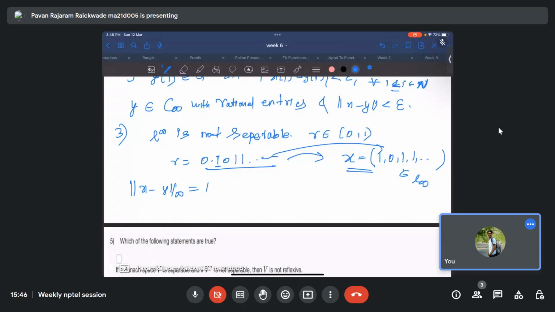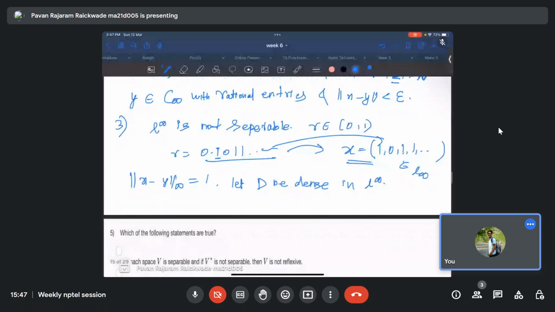So if you take a ball centered at any point... let D be dense in L infinity.